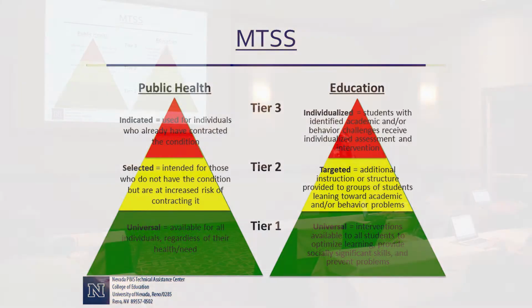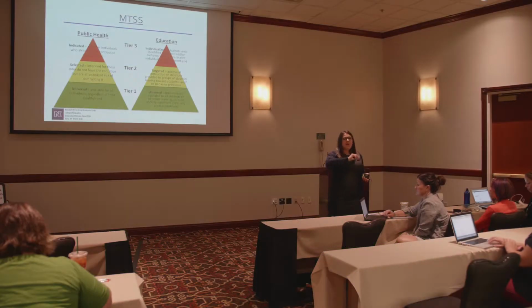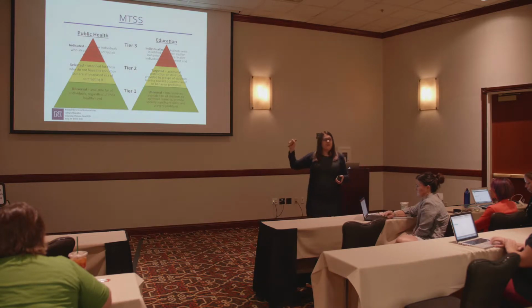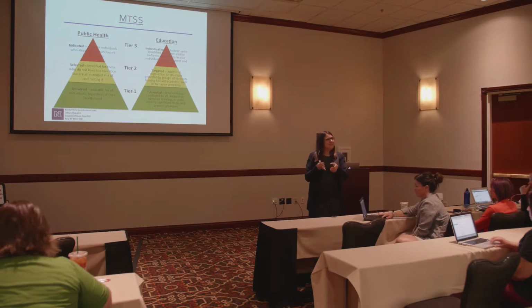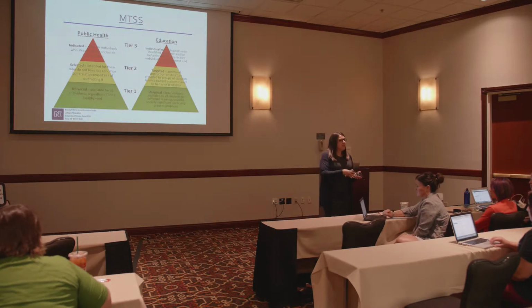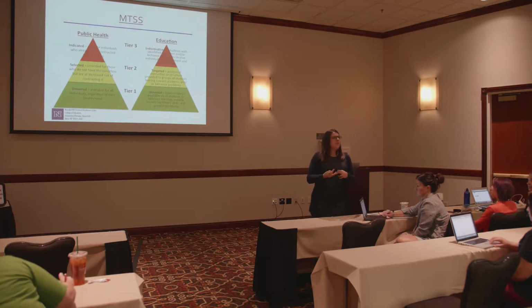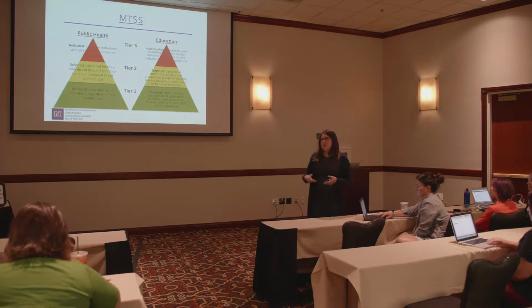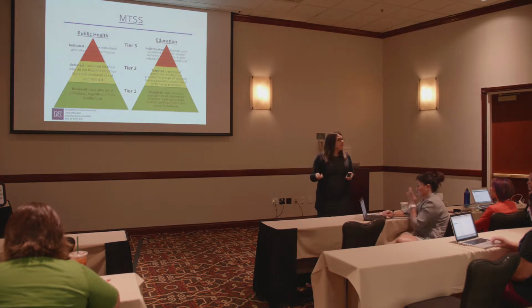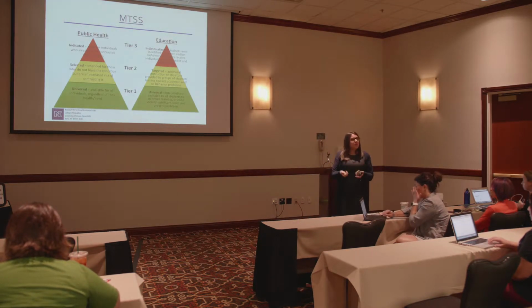So at tier 1, we're talking about prevention, and we're talking about available to everyone. So a universal prevention for flu virus is hand washing, right? We are all taught from a young age to wash our hands when we go to the bathroom, after we shake hands with people, if we play with a lot of toys, if we're around a lot of individuals who are sick. It's a prevention strategy. Everyone has access to washing hands.